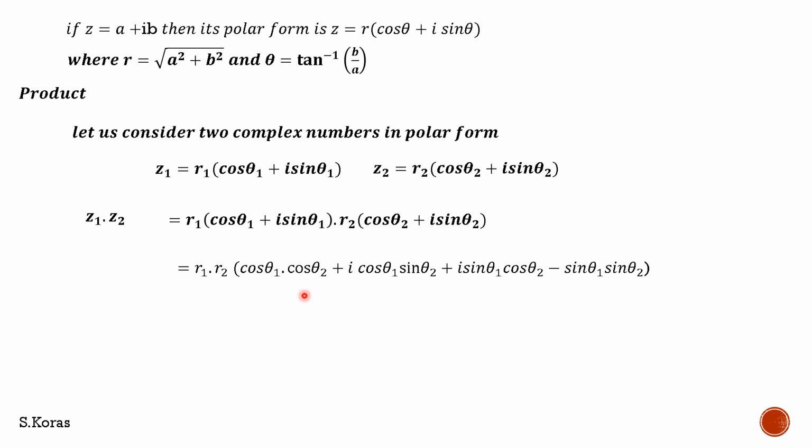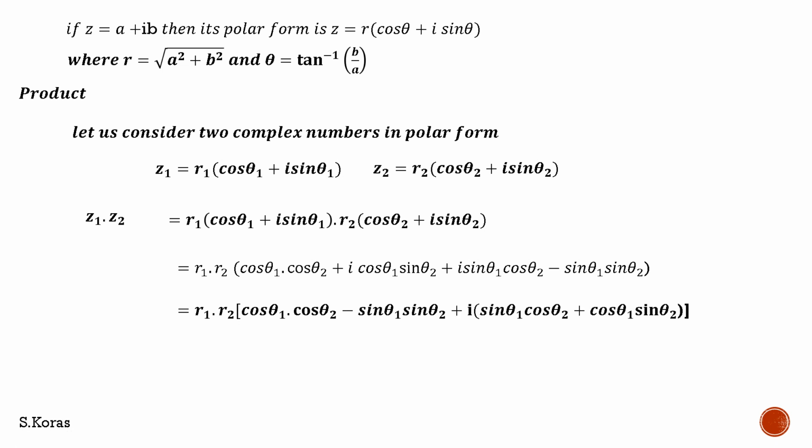Now let us try to collect the real parts together. This is real part, this is real part. These two are with imaginary. So let us collect these two parts which are real parts. So r1 into r2 times cos theta 1 into cos theta 2 minus sin theta 1 into sin theta 2. So now we have collected real parts together.